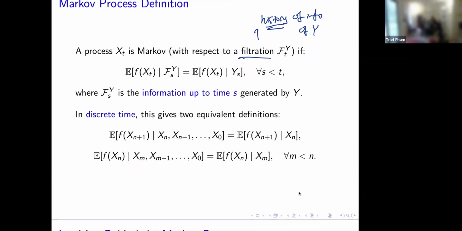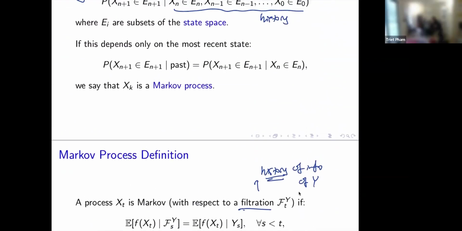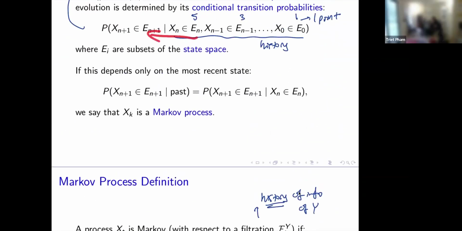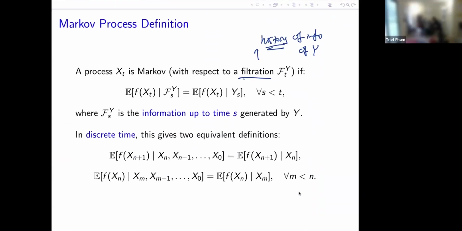So Markov should be remembered like that, meaning that the time gap doesn't have to be just the next one. That's why the word is most recent. Basically, given the history, you can drop all the previous ones and just use the most recent one. Anything satisfying that is Markov, okay?